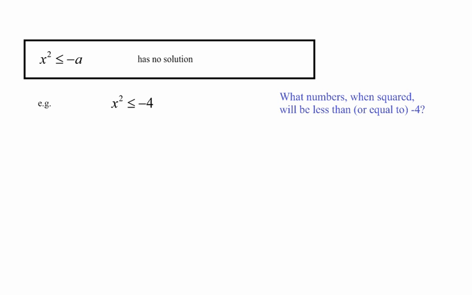Using the same reasoning as last time, no matter what number you put in, it won't work, because no values, when squared, will be less than or equal to negative 4. You're always going to have a positive, and no positive is less than a negative.